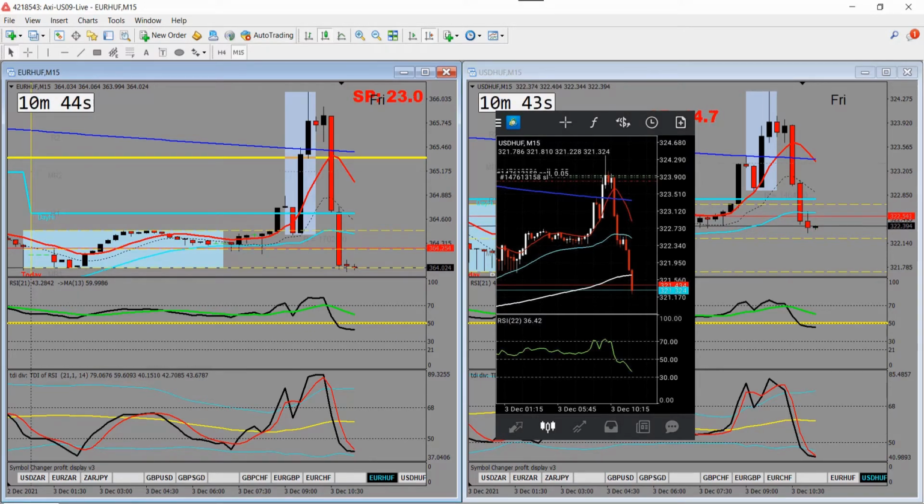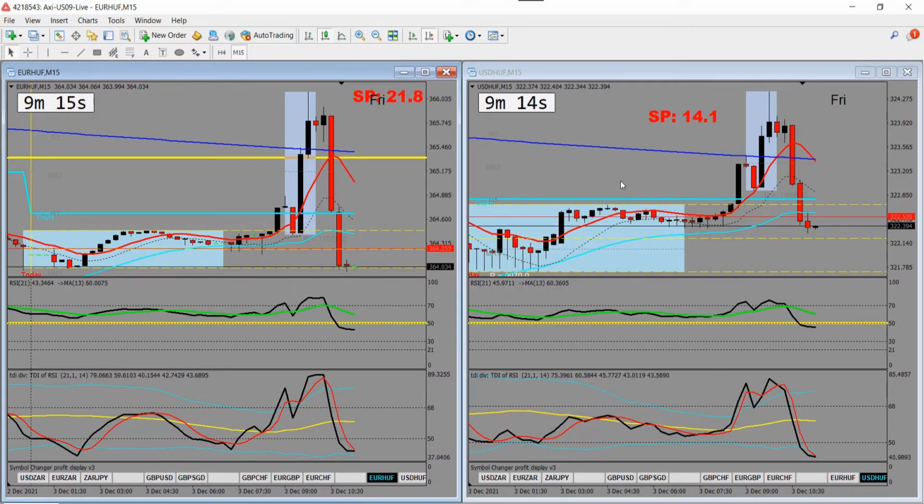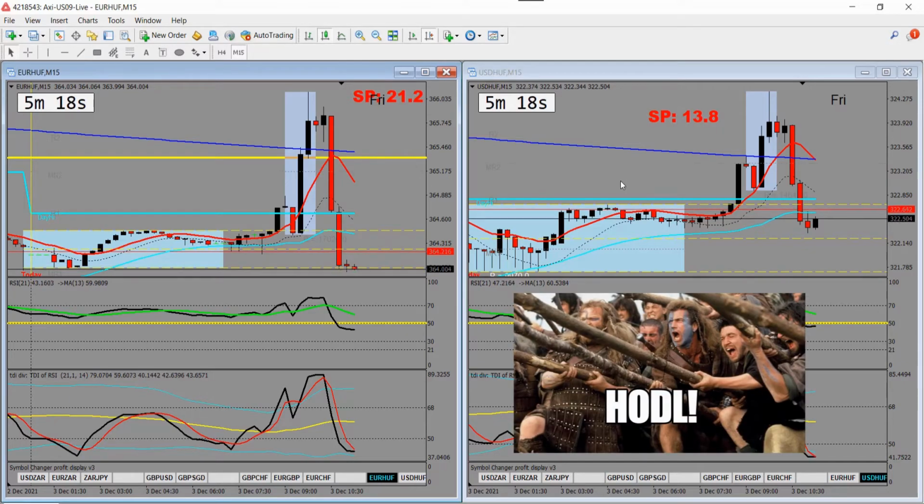Now here's something that a lot of traders don't really seem to understand, and I want to see comments below. Consistently profitable traders consistently take profits. It sounds so simple, but I see so many traders. This is the HODL generation, I'm telling you.